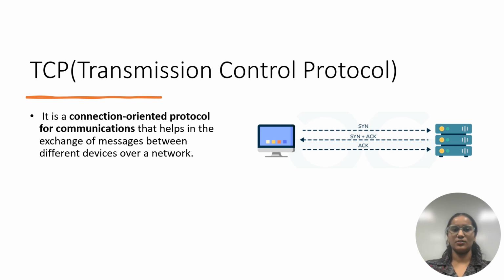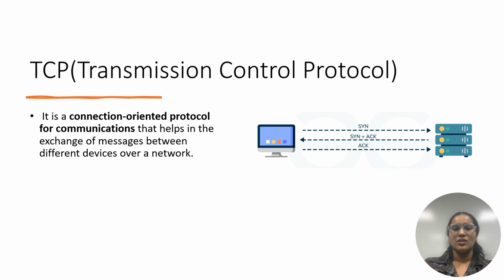So, how does this work? TCP breaks down data into smaller packets for easier transmission. Each packet contains a sequence number to ensure that the packets are reassembled correctly at the receiving end. If any packet is lost or corrupted during transmission, TCP ensures it is retransmitted.